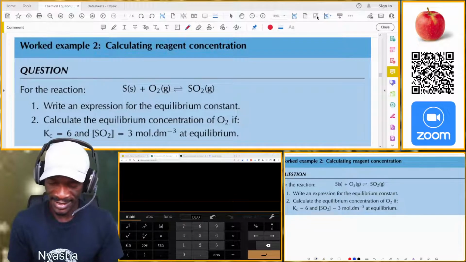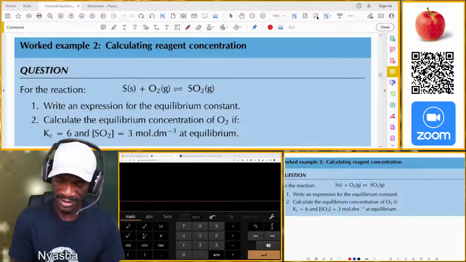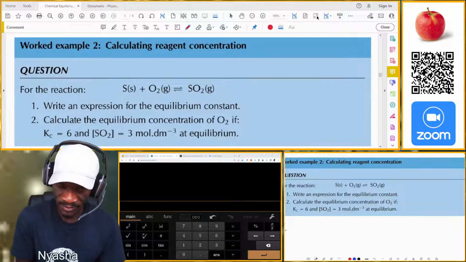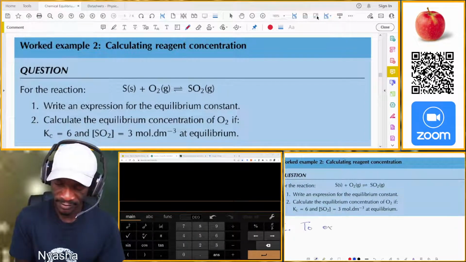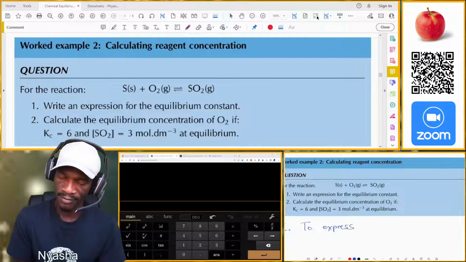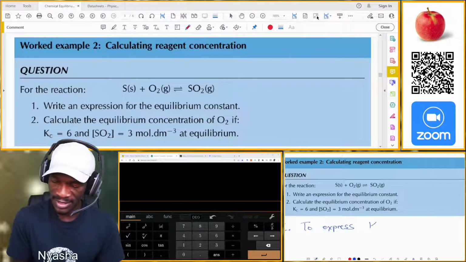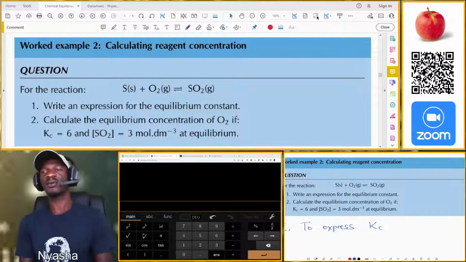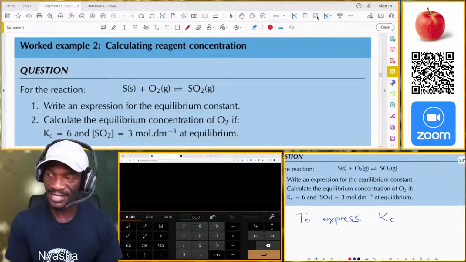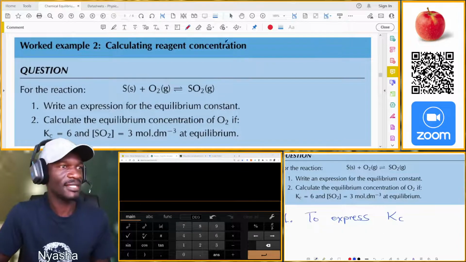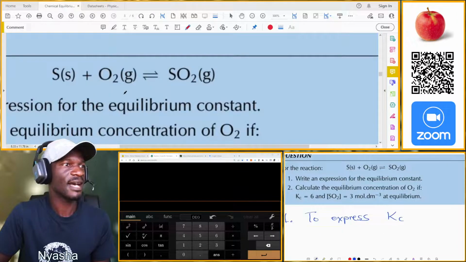So for a question such as this, the first part is for us to express the equilibrium constant Kc. We have our chemical reaction, and let's just increase its size here.